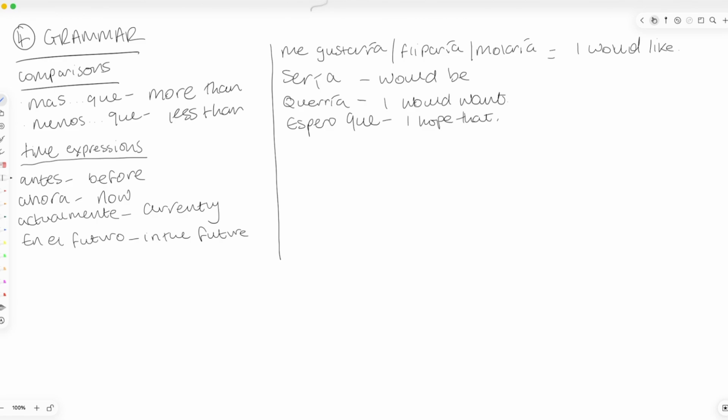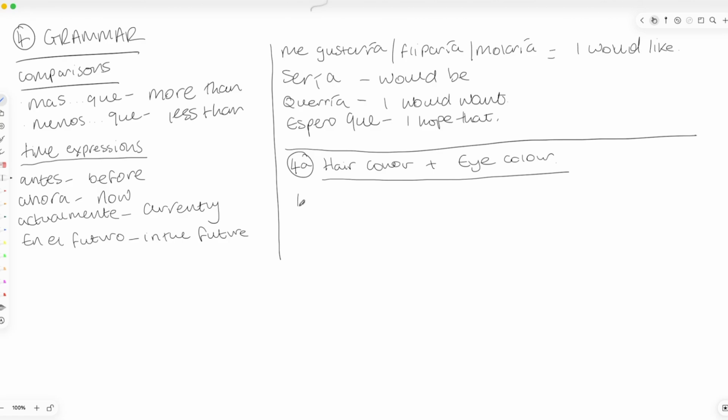If we're talking about some grammar, I always teach this last because we look at the verb tener when we're doing it. So the last subtopic, I'm going to call it 4A, is looking at hair colour and eye colour. Just before I forget about it, okay? We always use the verb tener, which is to have.